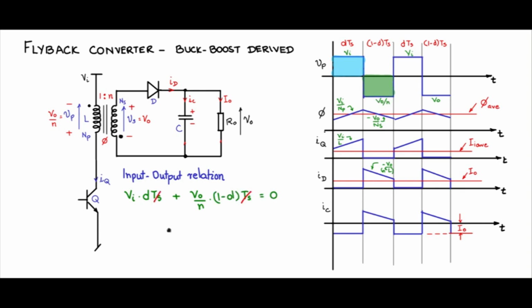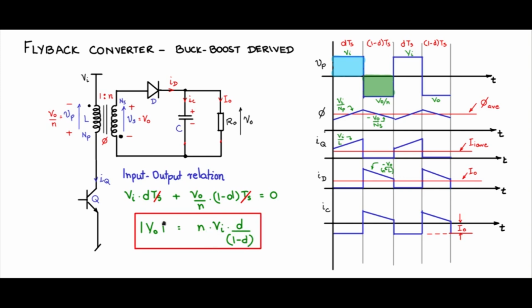You can remove Ts, and on simplification, taking only the magnitude of V naught, because you don't need to worry about the sign, since it is isolated and you can take anything as ground, it will be N times Vi d by 1 minus d. So this becomes the input output voltage relationship.